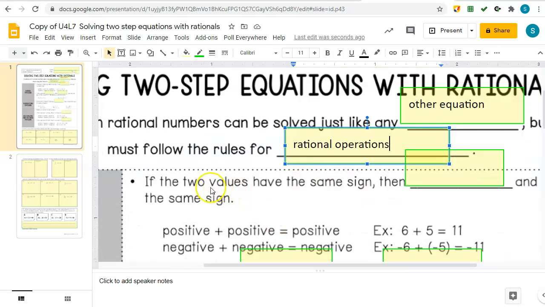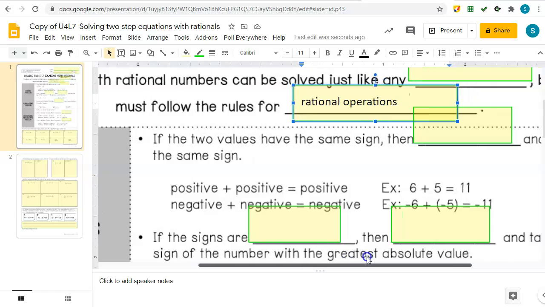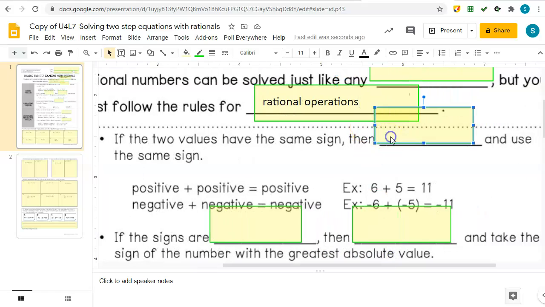Now, right now we're looking at the rules for adding. If two values have the same sign, then add and use the same sign. So, negative 3 plus negative 5 is negative 8, or negative 6 plus negative 5 is negative 11.